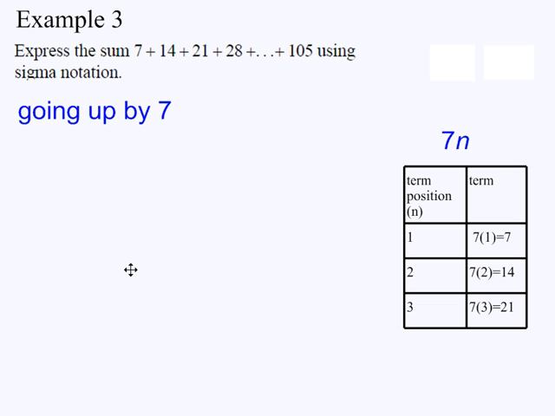Okay, so to express this in sigma notation, we can do it in this way. Here's our formula, 7n. Here's our start, and here's our end. This is one of many ways to express the sum up here.